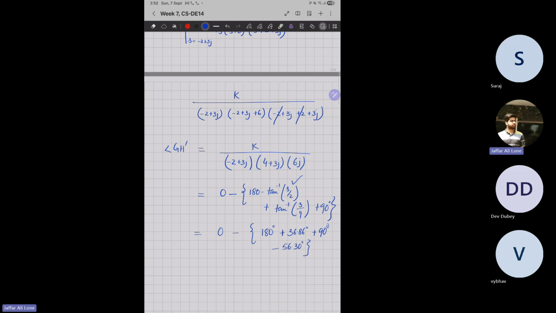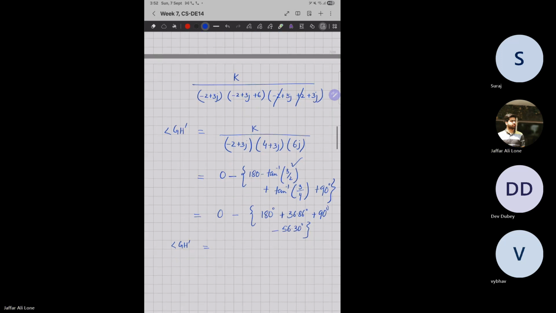When we simplify it, we get the angle of GH dash to be 180 plus 36.86 plus 90 minus 56.30, which is 250.56. So it is minus 250.56.